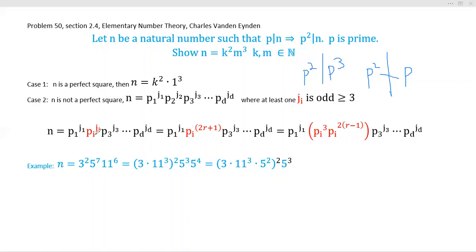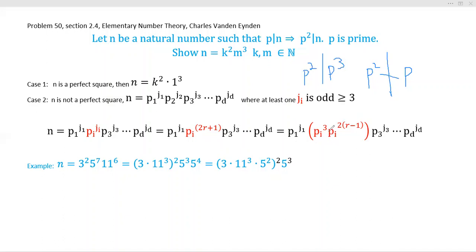Since an odd number has this representation as 2r plus 1, and we're assuming the rest of these j sub i's are even, because in case 1 all the j sub i's are even, we have to produce a non-perfect square, which can only happen if at least one of the j sub i's is odd. So here's where all the work happened.